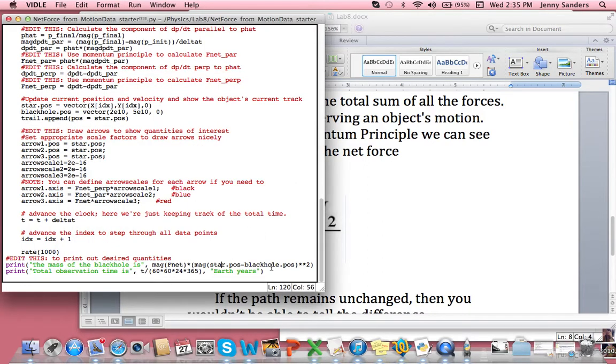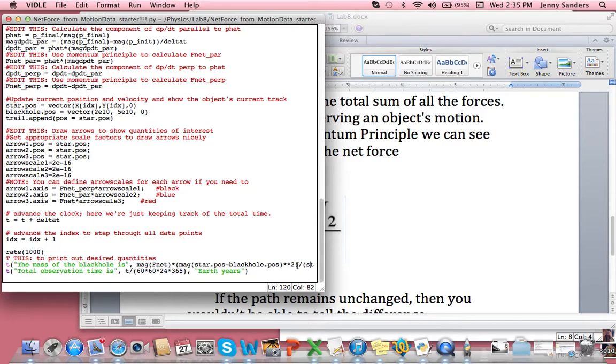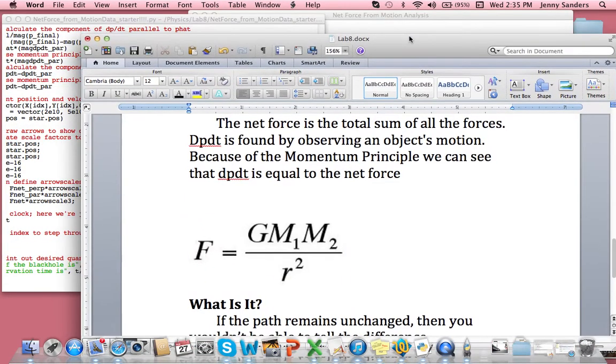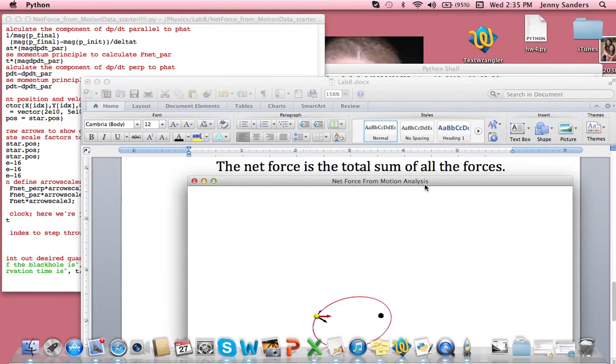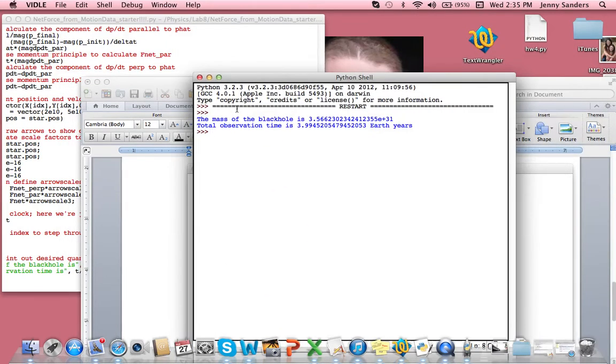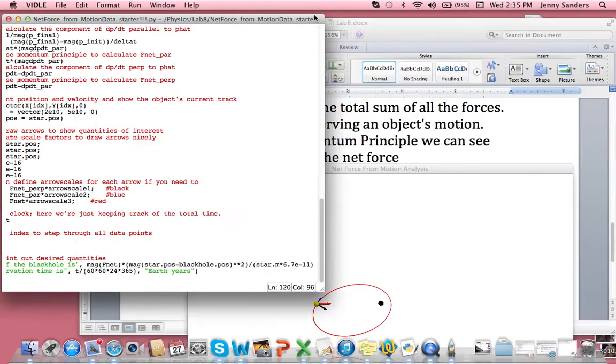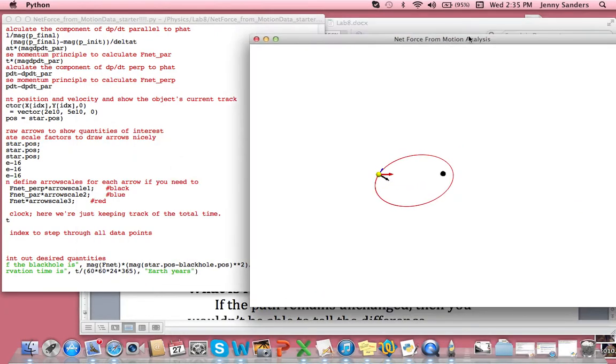So I rearranged the equation right here, and after it's run, I can set it to print the mass of the black hole. So right here, it says the mass of the black hole is 3.566 e to the 31st kilograms. And I checked that into my WebAssign, and it said that it was correct. So that is the mass of the black hole.